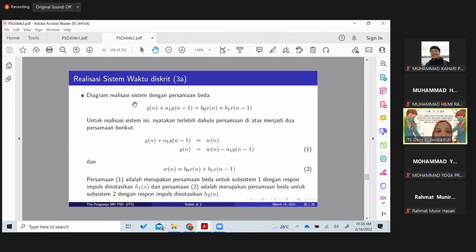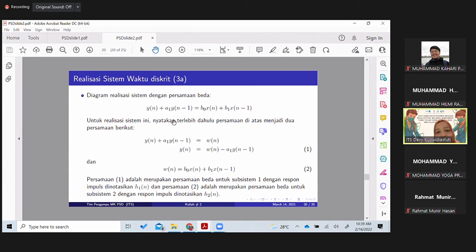Then we could use this example where the differential equation is as follows: yn plus a1 yn minus 1 equals b0 xn plus b1 xn minus 1. So the system has a memory for the input, and also a memory for storage of the output.